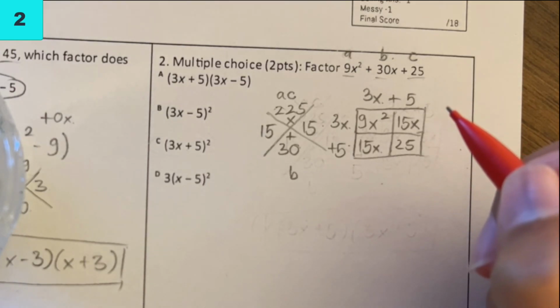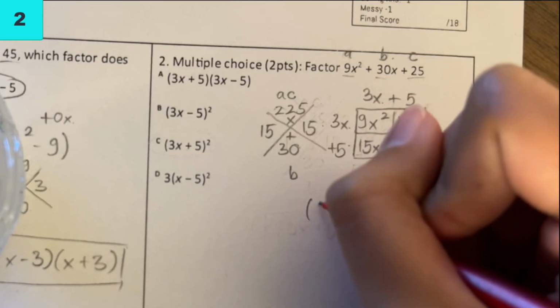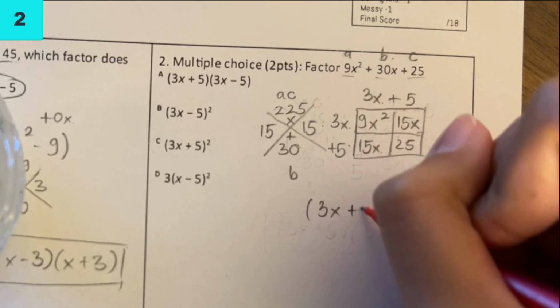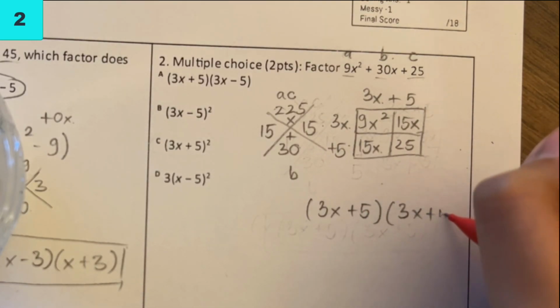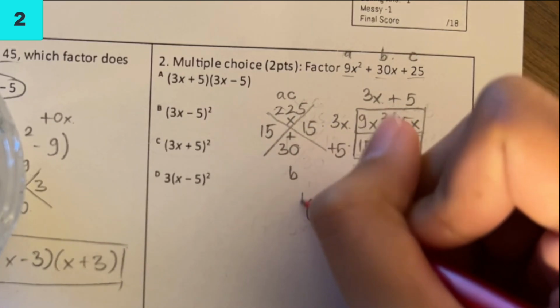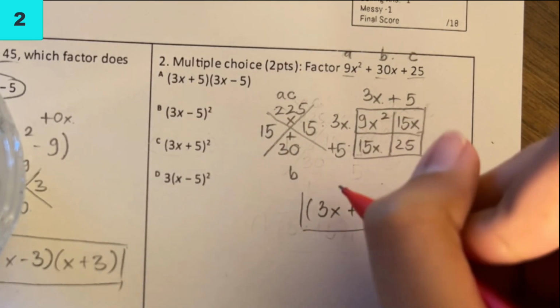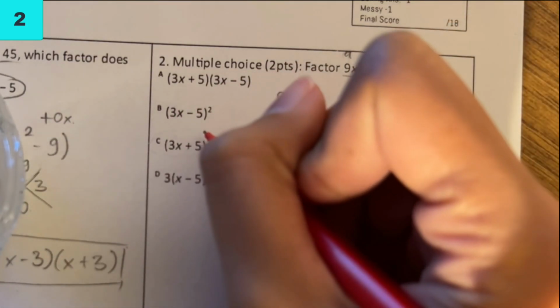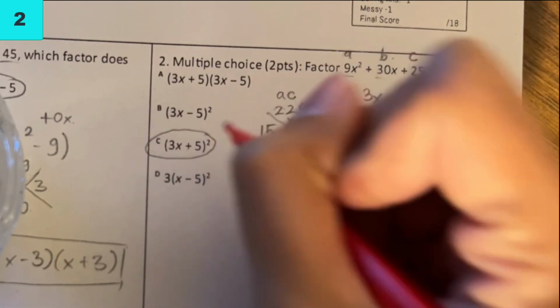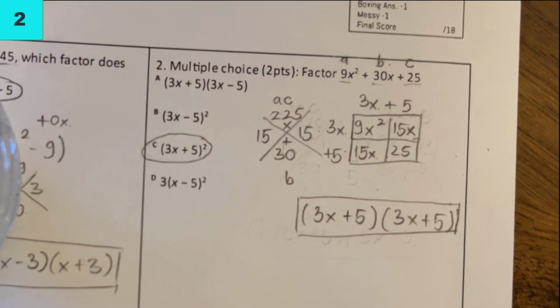So we got 3x plus 5 times 3x plus 5. So this is our answer.